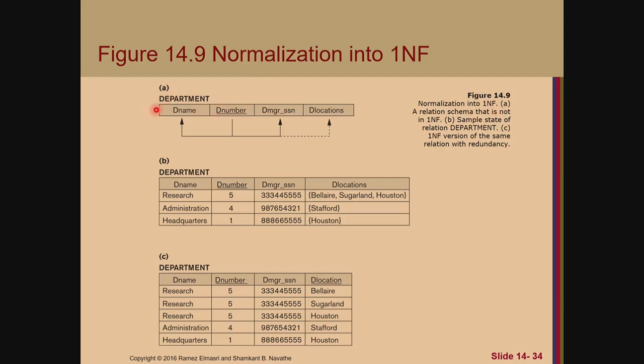The schema of the department: we have the number as the key, the primary key, and this one determines the name, the manager SSN, and the location. B is the sample state of the relation department.